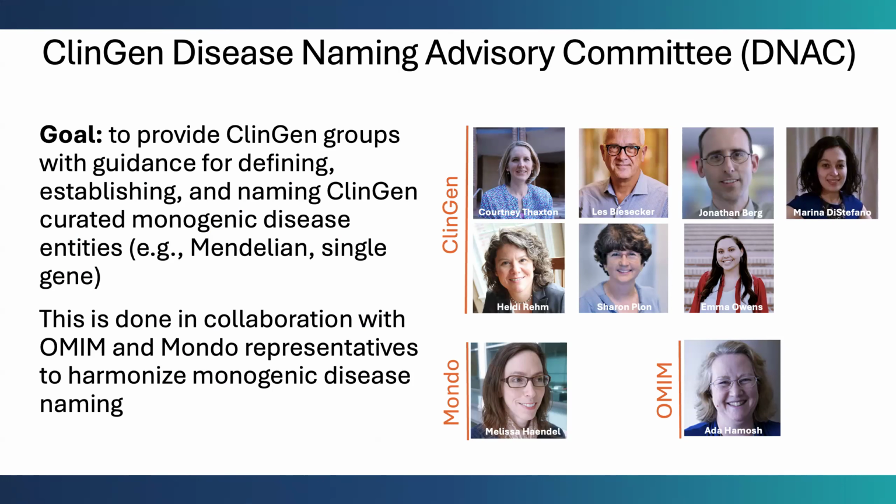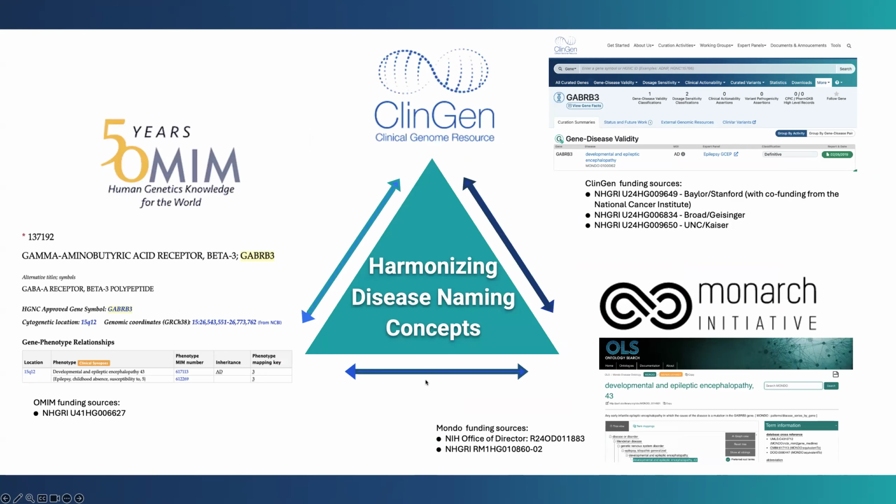Again, really important for us to have representatives from both OMIM and Mondo. Mondo, especially as the entity we're using to describe our disease entities, gave us the flexibility to be able to lump and split while they still keep provenance of other people's assertions about a gene-disease relationship. And so again, because these are really well known and associated different entities, we wanted to make sure that we can harmonize these concepts.